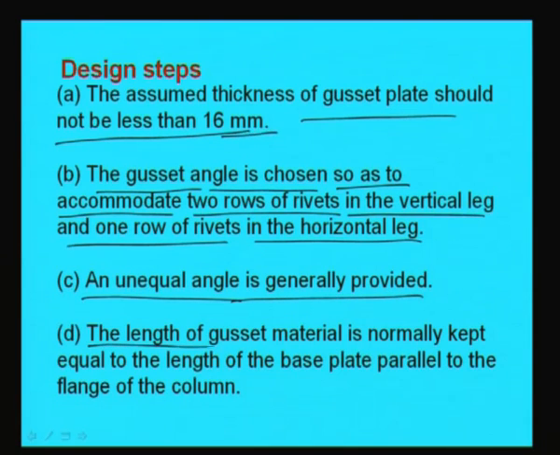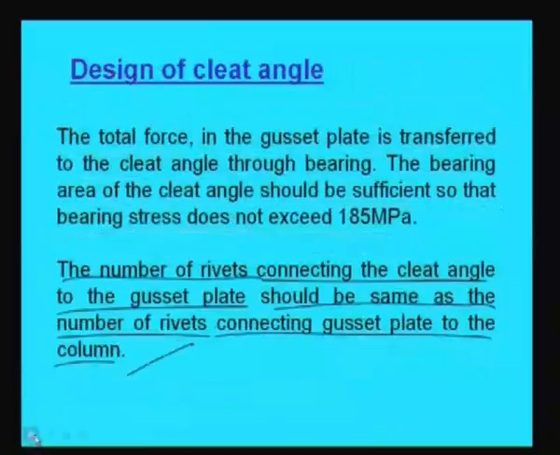The length of gusset material is normally kept equal to the length of the base plate parallel to the flange of the column, that we have shown in the picture.